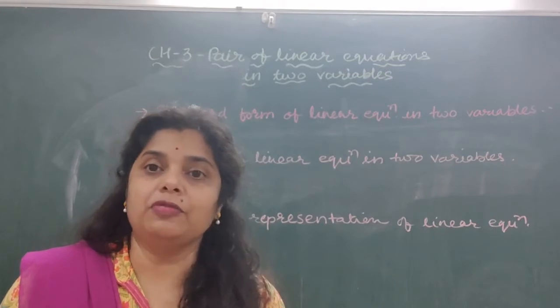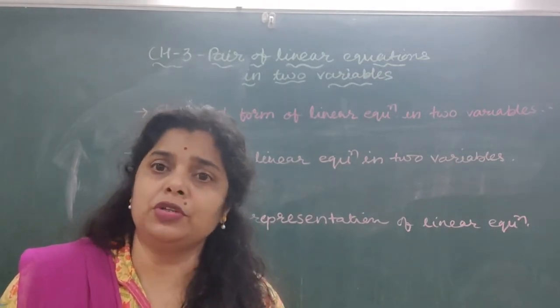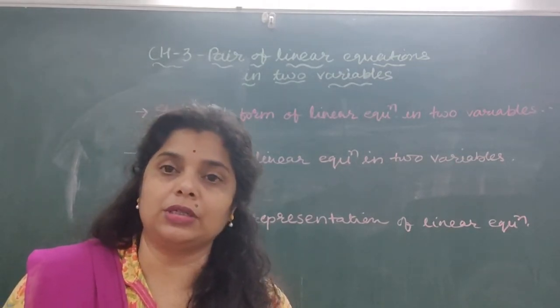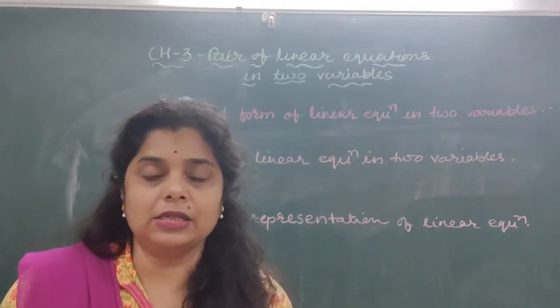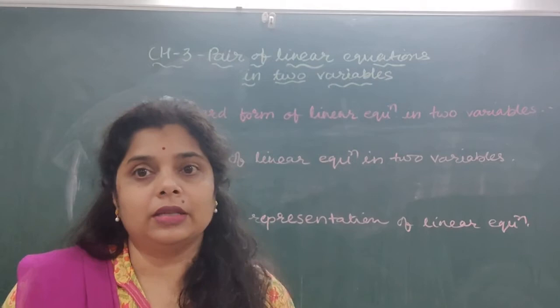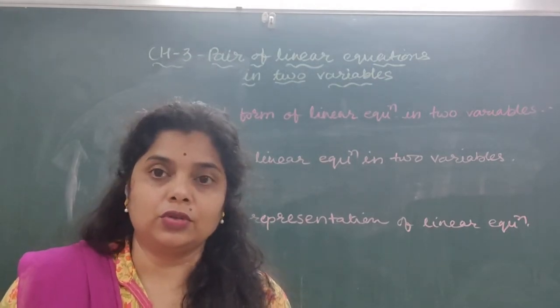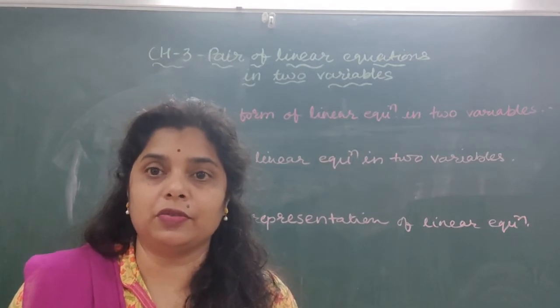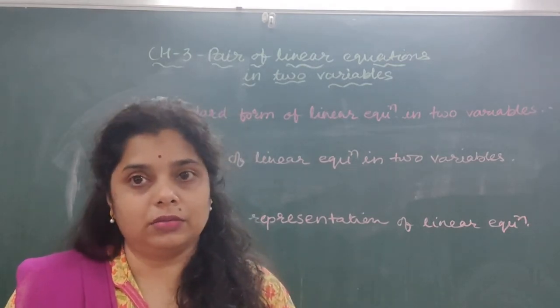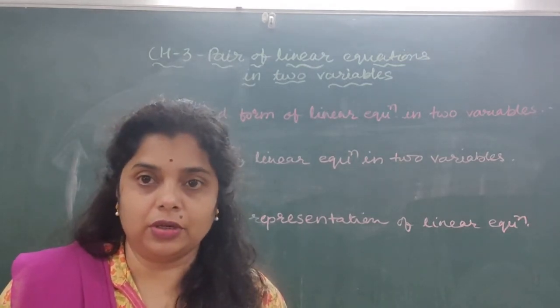Another example: if you are traveling with your family, okay, total 10 members are there in your family, 6 elders, okay, and 4 kids. As you know, the ticket rate for the adults and the kids are different, okay.